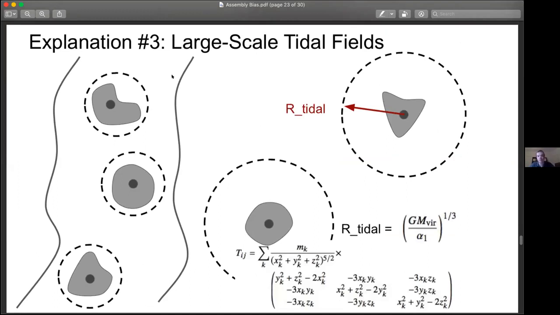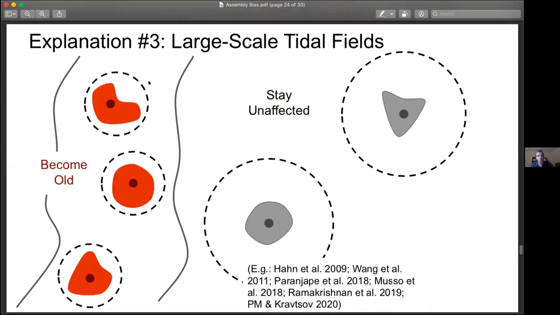So these objects inside of tidal fields will likely have smaller regions of influence. I've put down one of the ways that you can calculate this, but there's a menagerie of them, including tidal anisotropy and things like this. The result of this effect would be that objects inside of these filaments become older again. And because these filaments are dense, it leads to the clustering differential based on age.